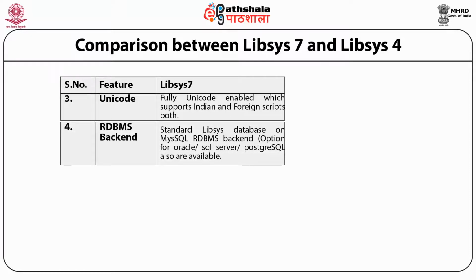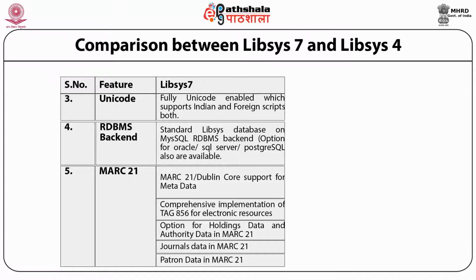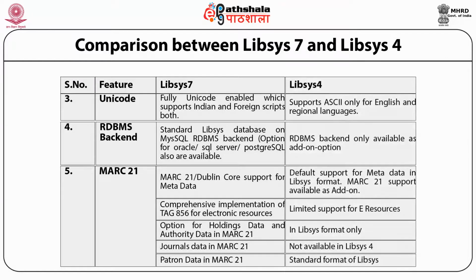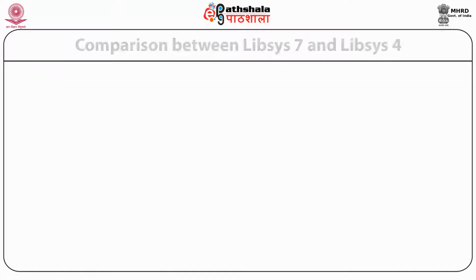It also supports MARC 21 and Dublin Core for metadata. It implements Tag 856 for electronic resources. It also has the option for holding holdings data and authority data, journal data, and patron data in MARC 21, which was not available in Lipsys 4.